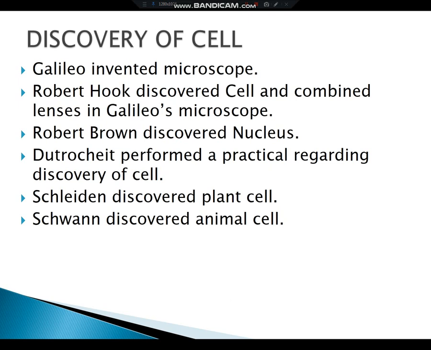There were many more scientists who worked quite hard for the discovery of the cell, and among them there was a famous scientist named Dutrochet. He took plant material and boiled it in nitric acid.